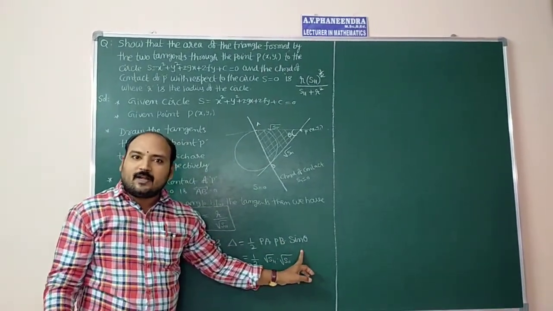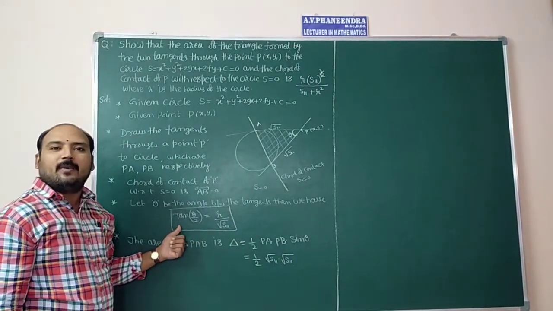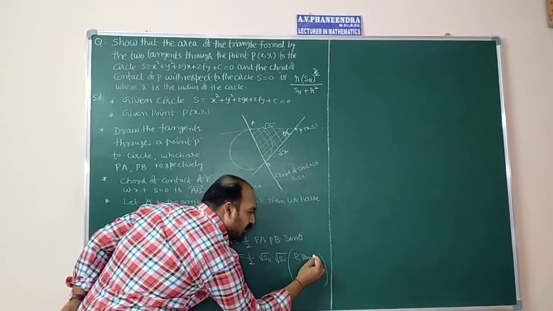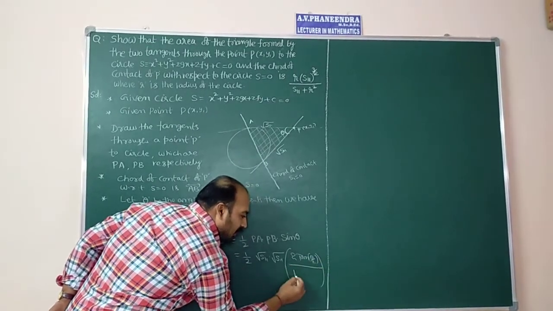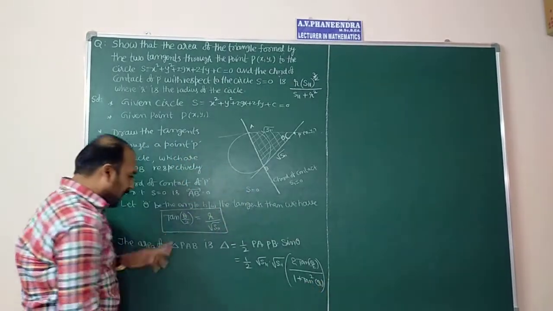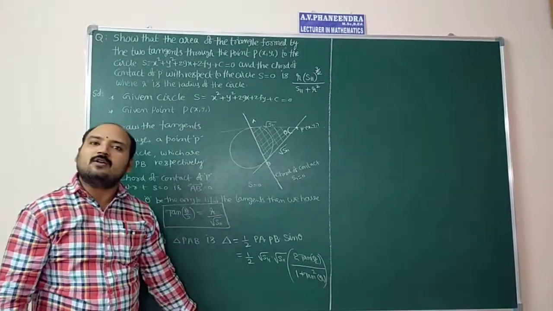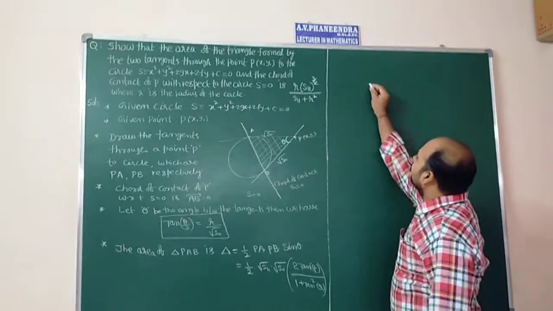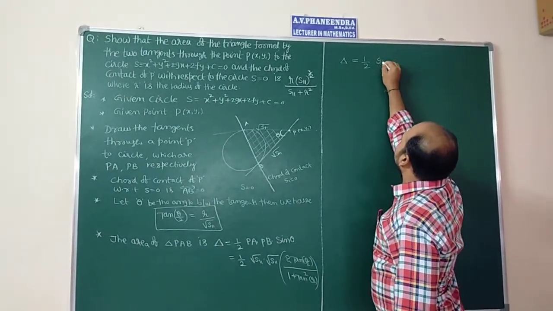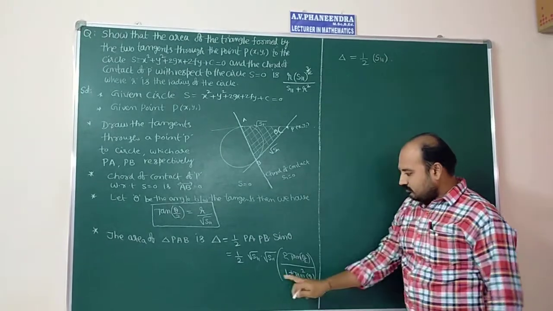How to calculate sin theta? Sin theta in terms of tan(theta/2) is 2 tan(theta/2) divided by 1 + tan²(theta/2). Substitute tan(theta/2) in this and get the answer. See that, half into √S11 into √S11, that is S11.